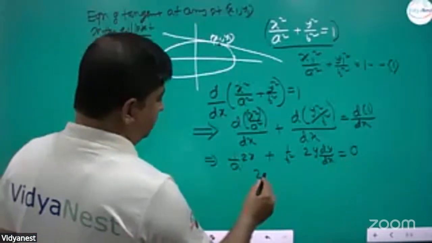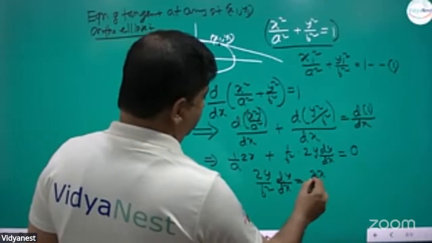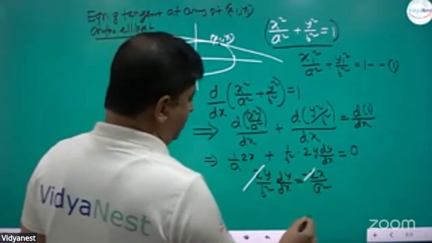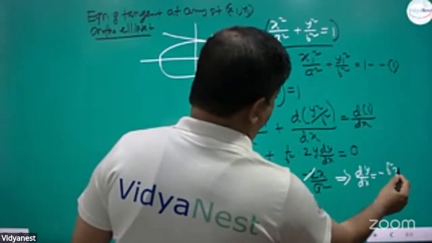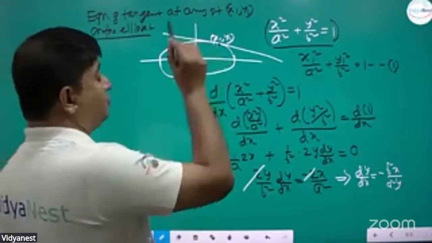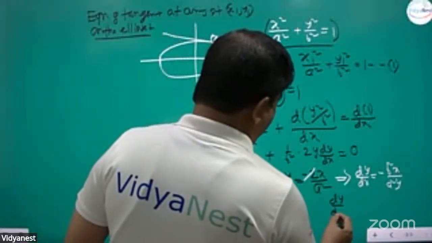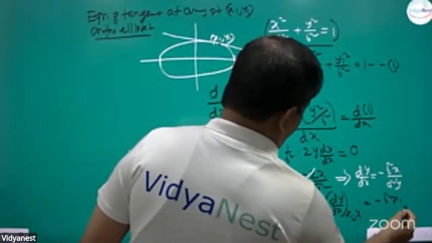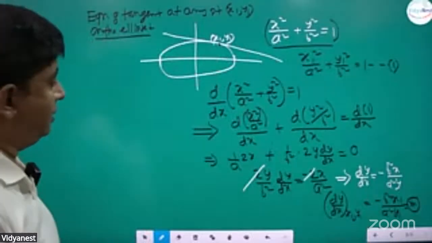So 2y by b square dy/dx, from both sides I can cancel 2 and I will get dy/dx. Now dy/dx at x1, y1 is the slope m.